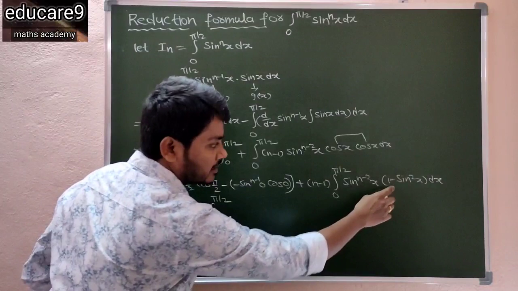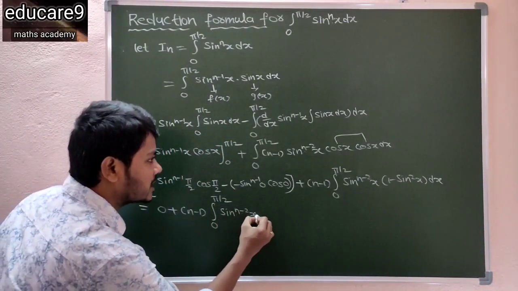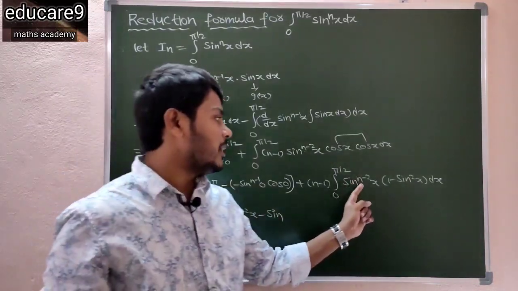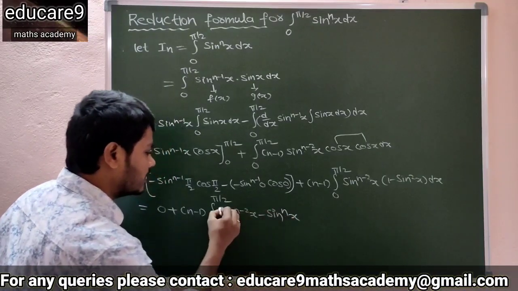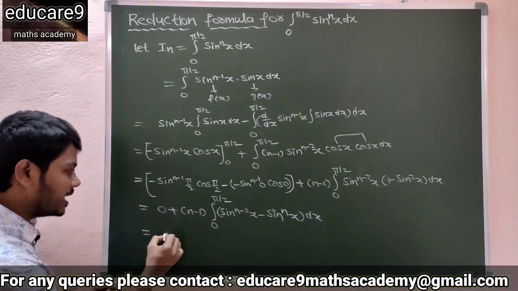So multiplying inside, what do you get? Sin power n minus 2 x minus sin power n minus 2 plus 2, you will get n x dx. Now this can be written by separating the integration.